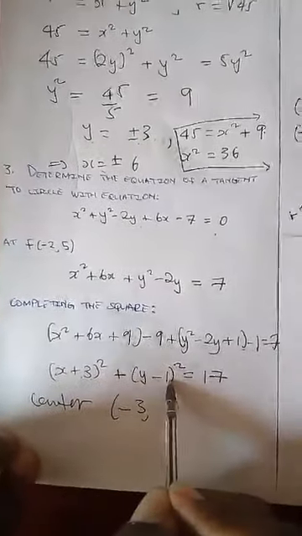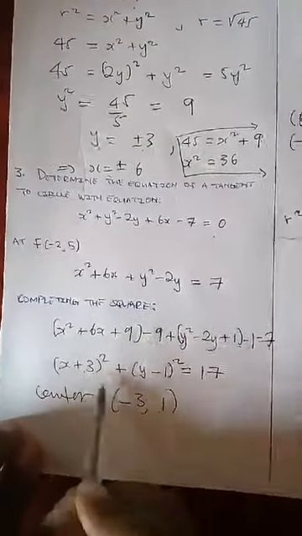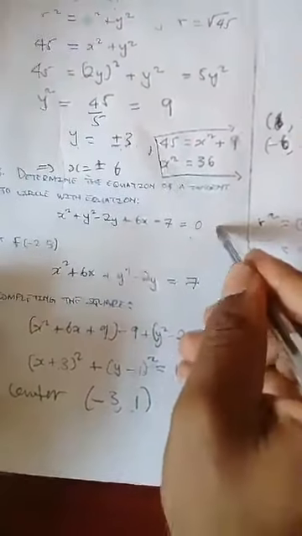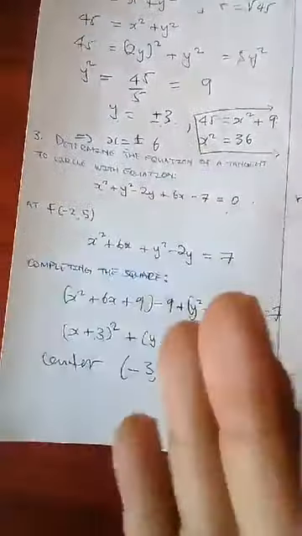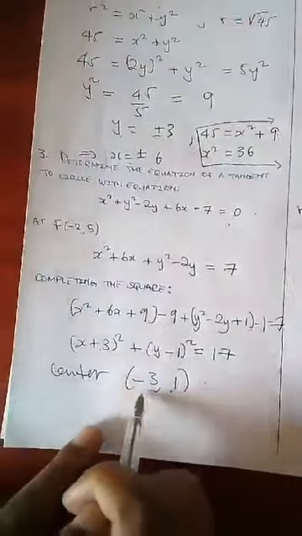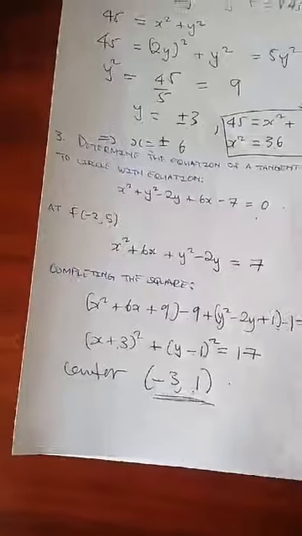Y minus 1 is 0, y is 1. So the point here is 1, not minus 1, but 1 and minus 3. So this is the center of this circle. So we've moved from this equation to this equation, which is in standard format, which is now giving us the equation of this circle, but also exposing its center, which is not clear when you look at that expression.